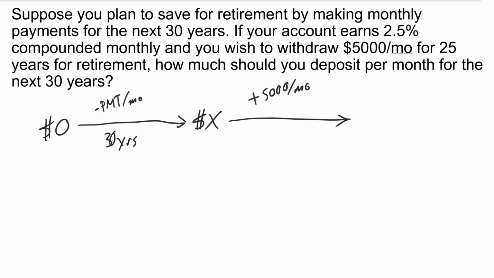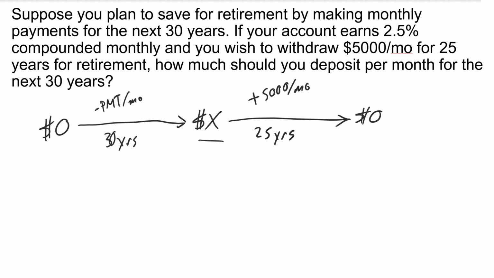So that's positive $5,000 back to you that you can spend on retirement. That's going to be over 25 years. And then we're going to end up with zero, because the idea is we want to find out what amount of money we need to be able to withdraw $5,000 a month for 25 years to make the money last exactly 25 years.